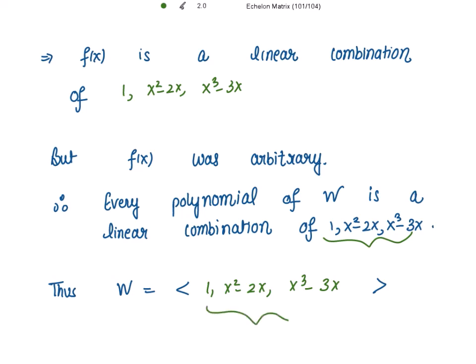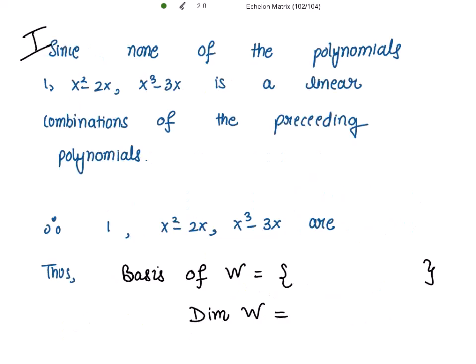Since none of these polynomials is a linear combination of the preceding ones, as the degree of the polynomial is increasing, I can take the first one to be x to the power 0, then the power 2, then the power 3. So all these polynomials are linearly independent, and thus they form the basis for W. So the basis of W is 1, x square minus 2x, x cube minus 3x.